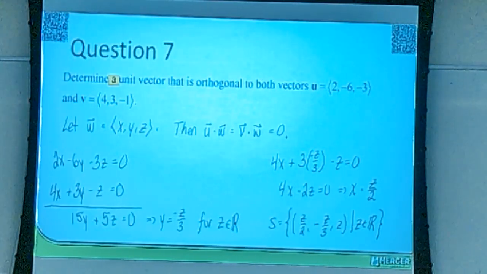So we can let z be anything we want except for one value: 0. You don't want the zero vector. I'm going to do 6 to clear out the fractions.